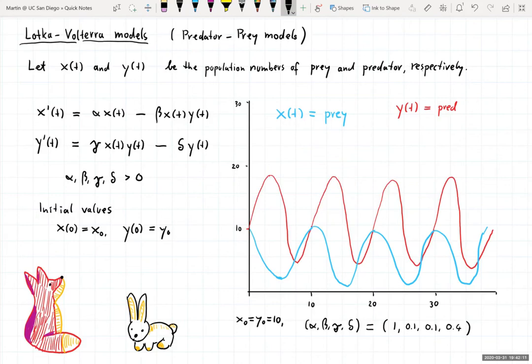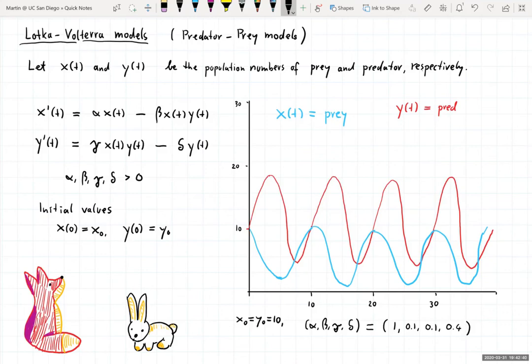There's procreation, there's infighting among the different populations, which leads to growth or decay of these populations. And then there's also interaction between these populations. For example, maybe the foxes are hunting the bunnies, and the more bunnies there are, the more resources the foxes have, and the more they can procreate.